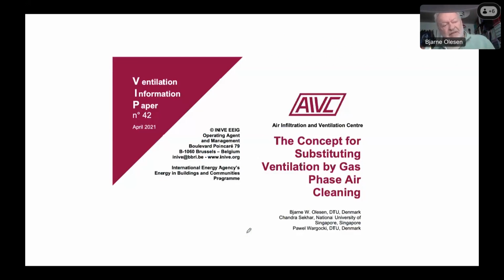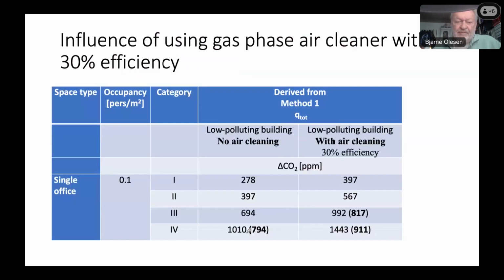What is the equivalent of clean air the air cleaner would be delivering? So it's not a question about removing CO2. To obtain that, it is required also to have a test method where you measure perceived air quality. So you're using a test panel of people.